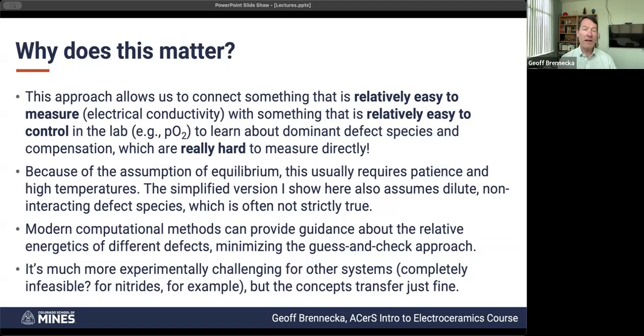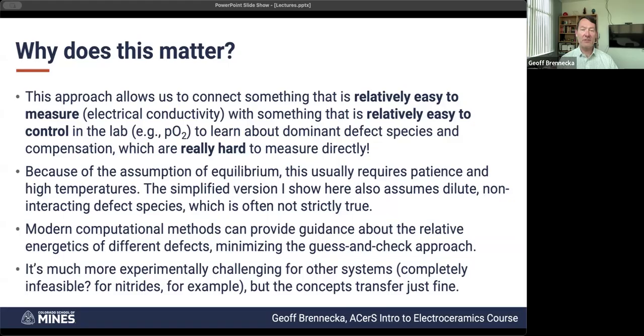And so you might have 4 different phases in your sample. It's not at equilibrium. Everything is a mess, but whatever property you're looking at, electrical conductivity is the one we've focused on here, that's going to be dominated by the most conductive phase of that composite.